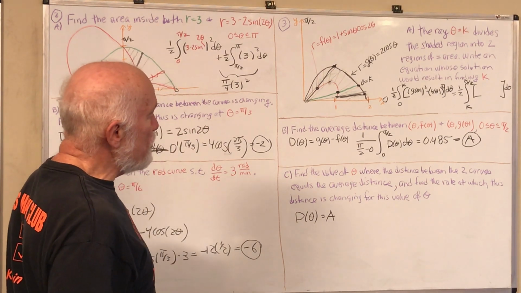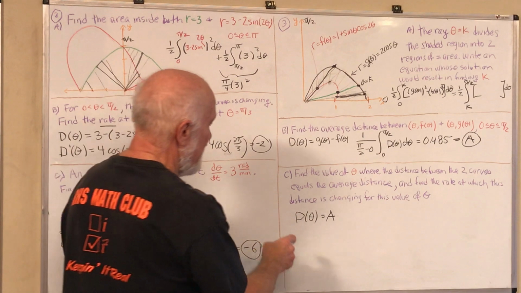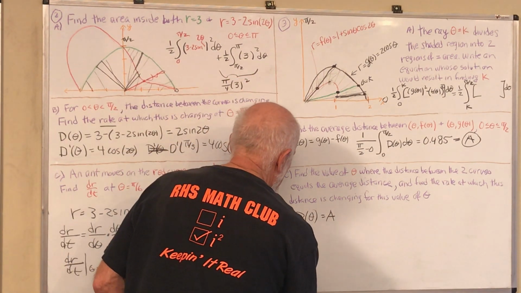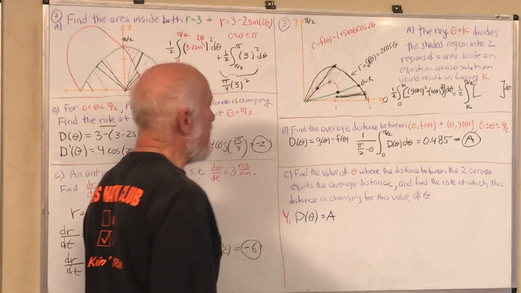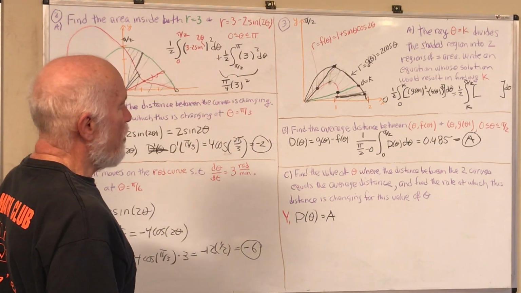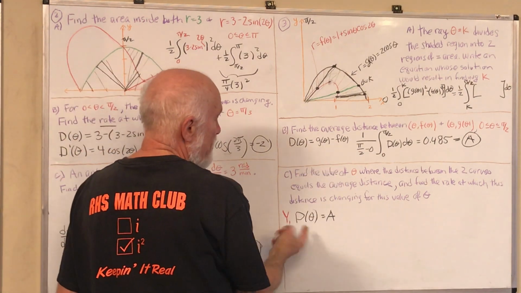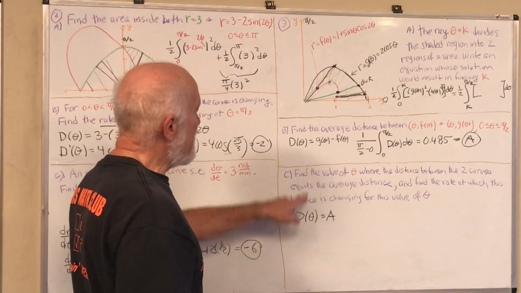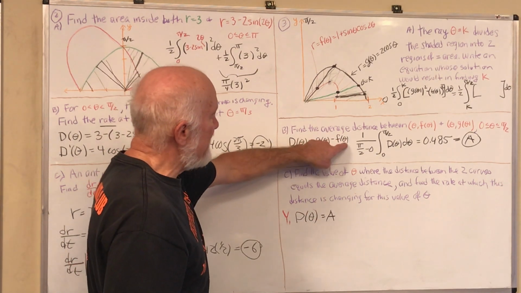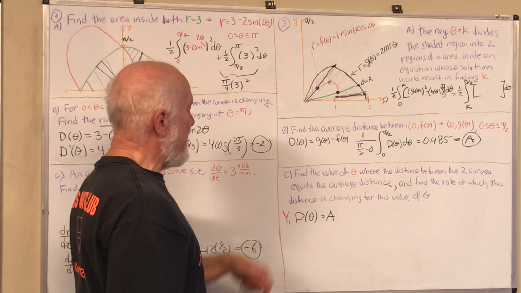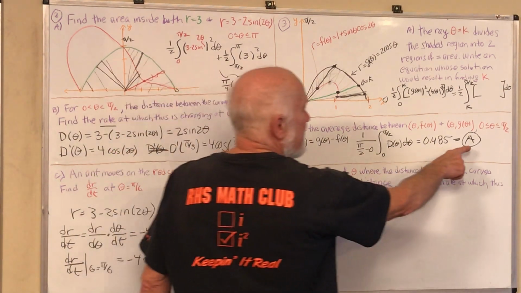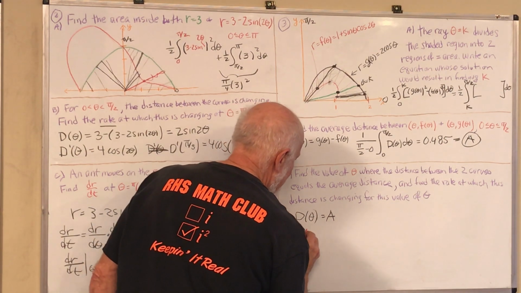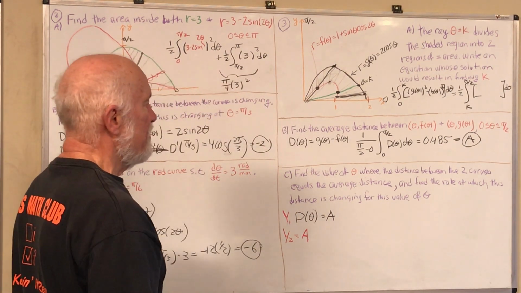So the easiest way to do this, if I have a calculator, is to call this y1. Or if you've already put y1 and y2, it could be y3. But anyway, somehow you want to put this function minus this function into a value of y, and then you can go to another value of y and just call it A, and just intersect those two curves.